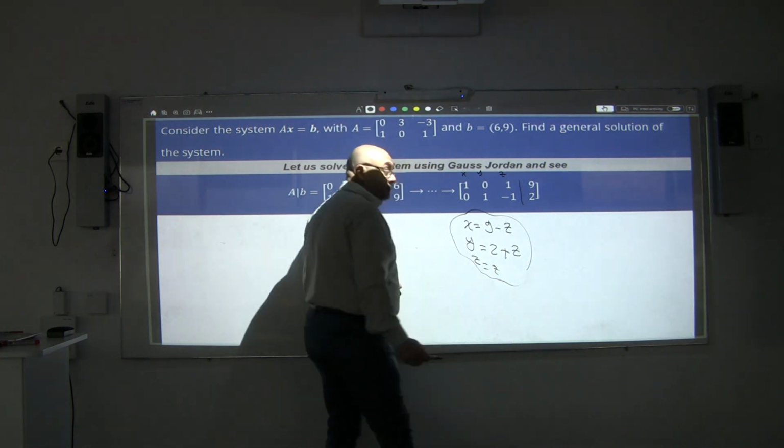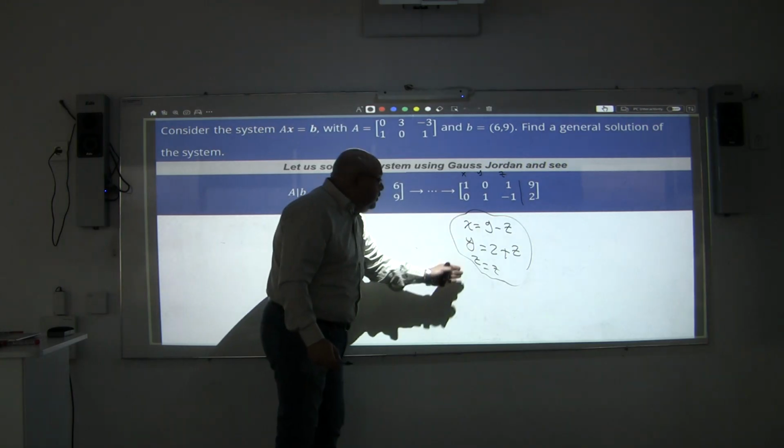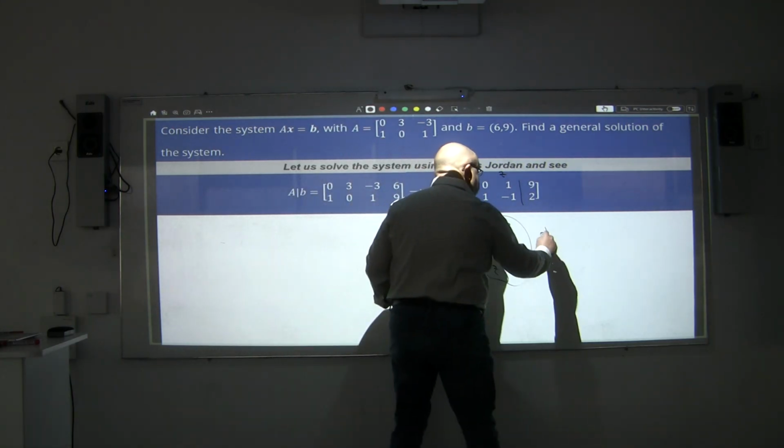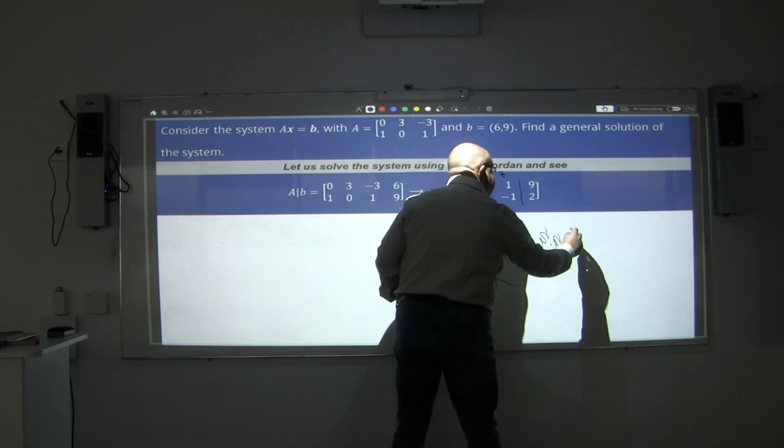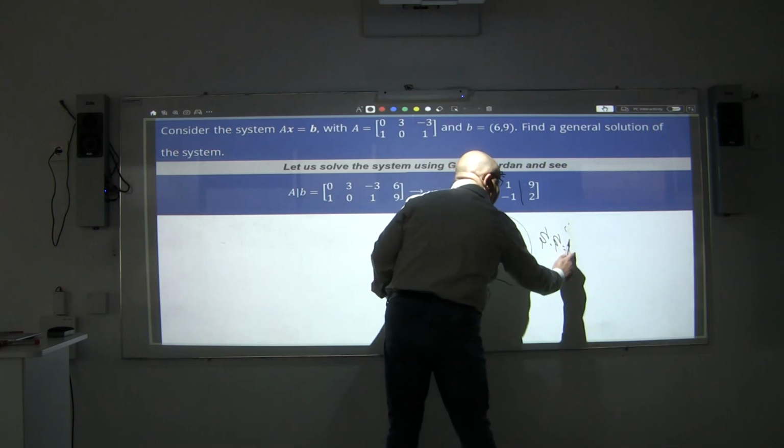which is z. If I try to separate this solution, the solution set can be easily written as a vector. Let me write it as a matrix.